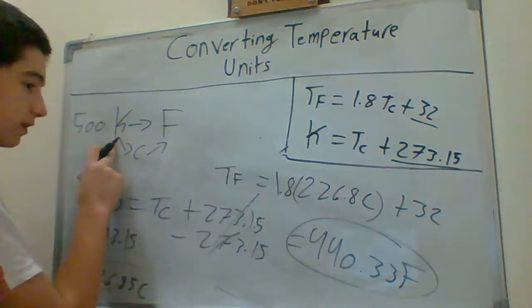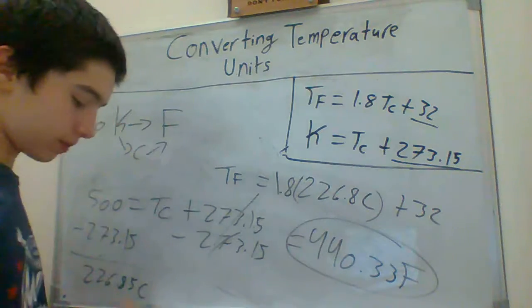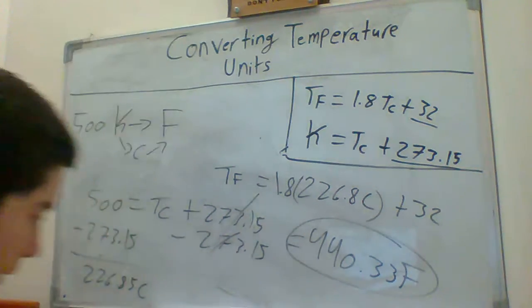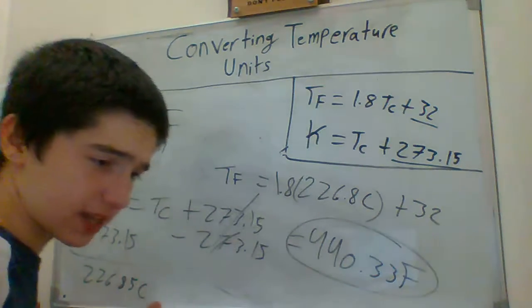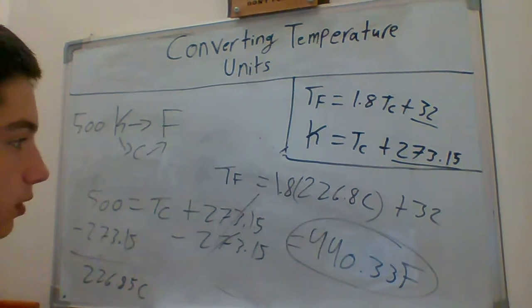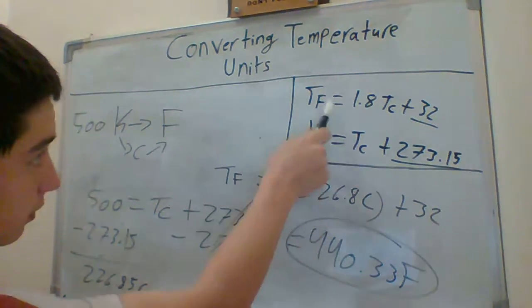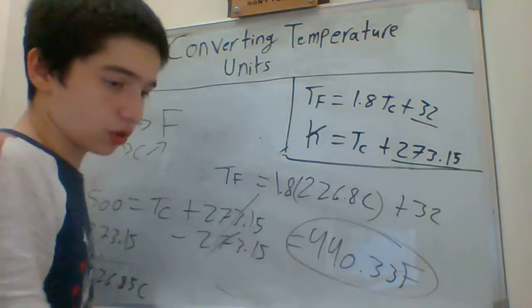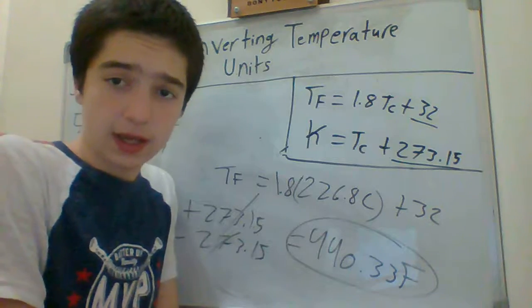So 500 Kelvin will equal 440.33 Fahrenheit. So let's check our equation just to see if there's any mistake. We did the math, we got 226.85, and then you do the math of the TF equation, and we got it correct. So this is all about our lesson for today, and I hope it is useful.